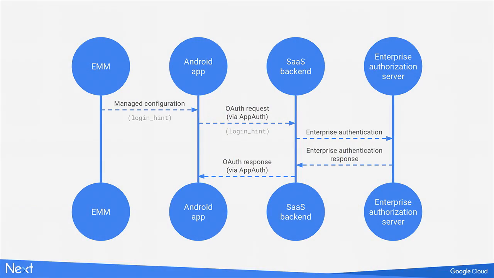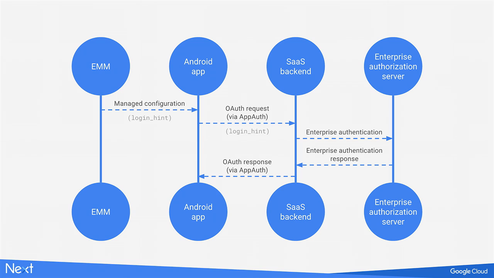So here's quickly how that identity provider resolution works. We're going to start off with an enterprise mobility manager, so the device is under management. That's going to send a login hint field down to the Android app. Now, this should start to sound familiar if you've implemented SSO on the web.